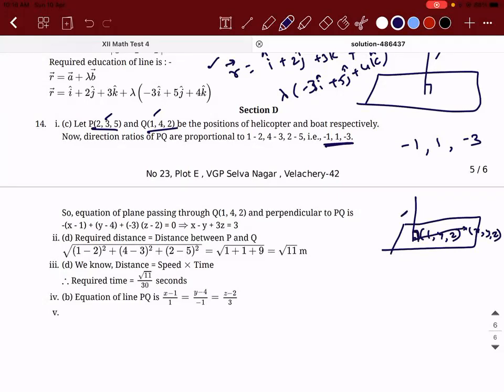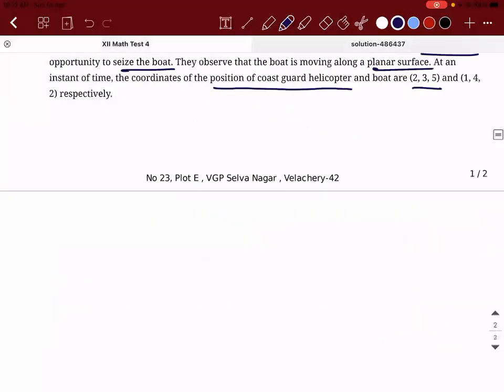So apply a1a2 plus b1b2 plus c1c2 equal to 0. So (x minus 1) into minus 1 plus (y minus 2) into 1 plus (z minus 4) into 3 is going to be equal to 0. So when you solve this, you will get the equation of the plane as x minus y plus 3z is equal to 3. Okay, next.